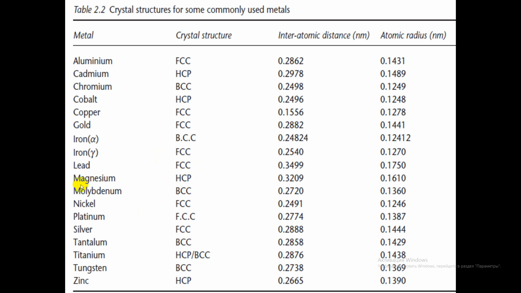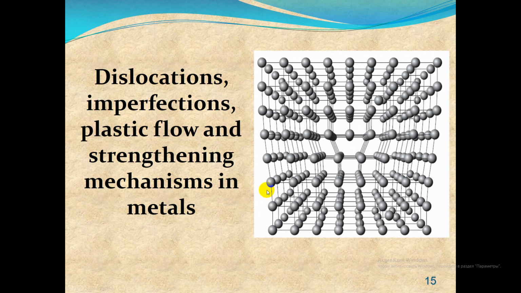For example, magnesium and titanium have a crystal structure of hexagonal close packed and body-centered cubic. I hope you understand this.